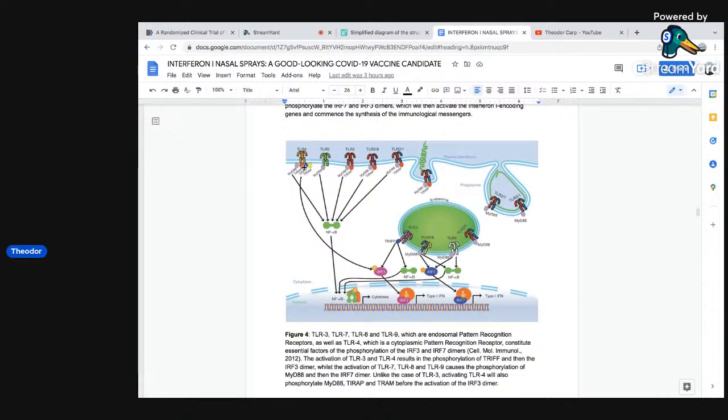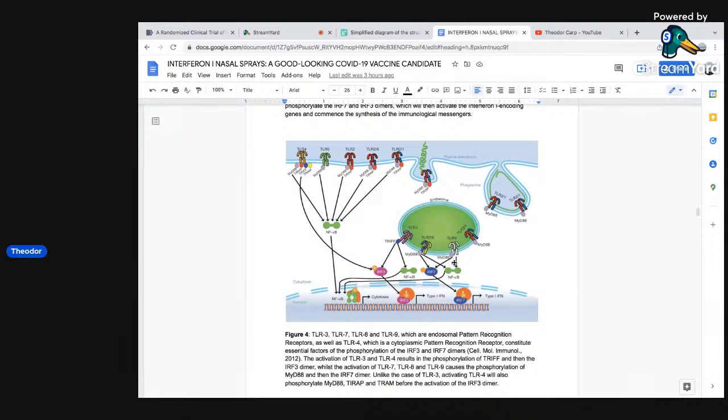They're called pattern recognition receptors. And as soon as the virus enters the cell through the ACE2 receptor, they normally start producing signals which are sent all the way to the nucleus. And I want to emphasize IRF3 and IRF7.